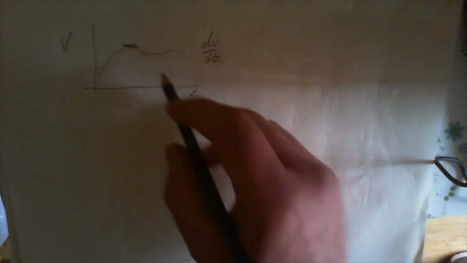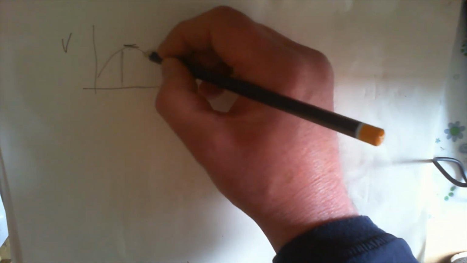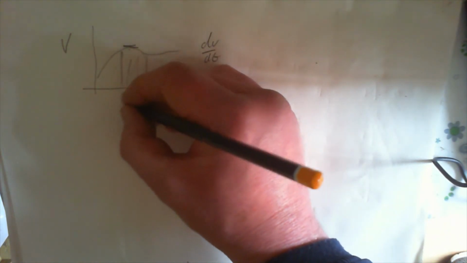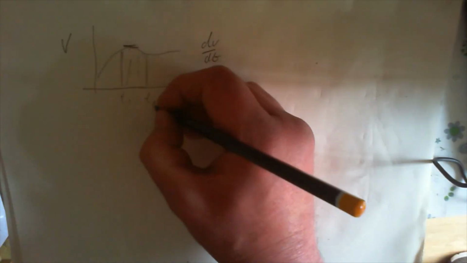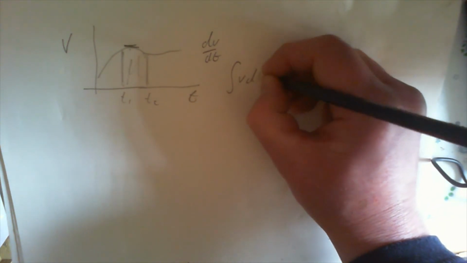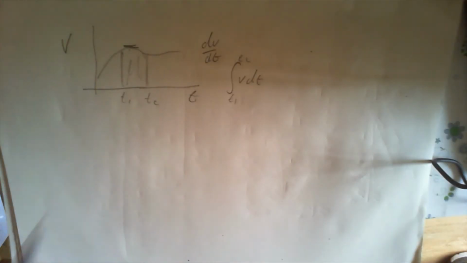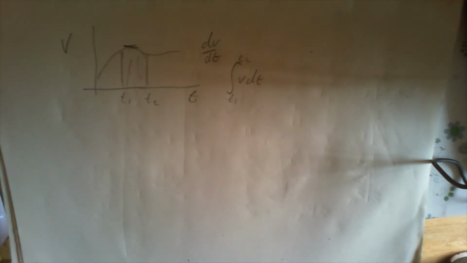And if you want to find the area, say from t1 to t2, you would integrate velocity with respect to time. That's just a quick note, and that allows you to analyse any velocity equation really. So that's the acceleration, that's your distance travelled.